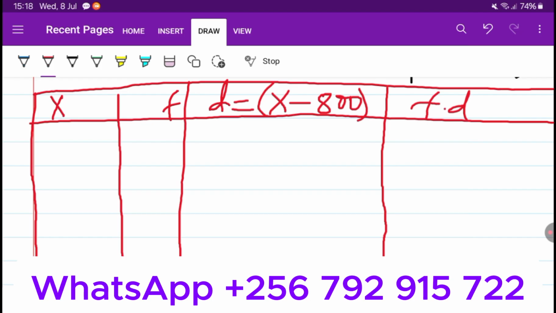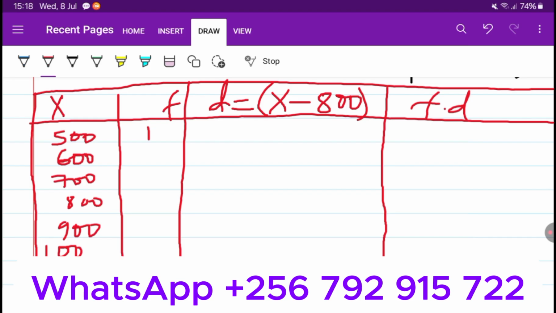So the first one was 500 with the frequency of 1. The second one is 600, 700, 800, 900, 1000, then 1100. You can see that the 800 figure that I picked was within.